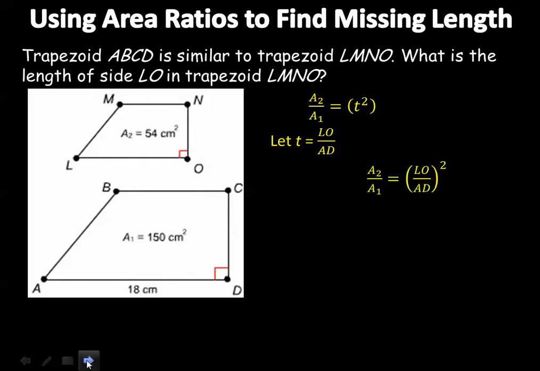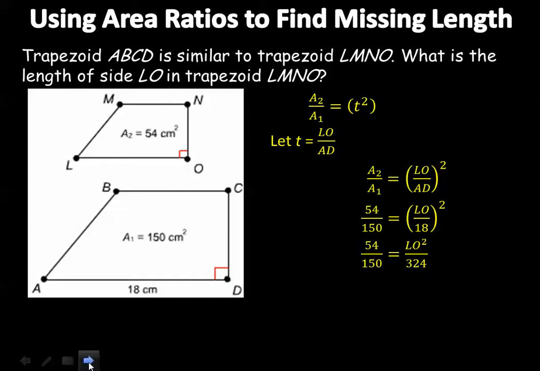After we replace t with LO over AD, this is what we have. We've got the area A2 over A1, and we've replaced t with LO over AD, squared. We substitute AD with the length of 18, and we've substituted A2 and A1 with 54 and 150, which are the areas of the trapezoids.